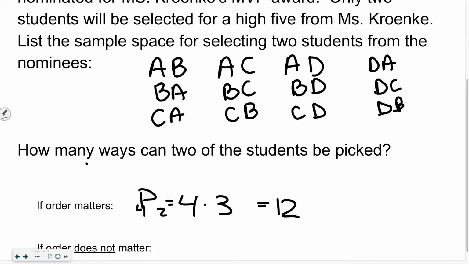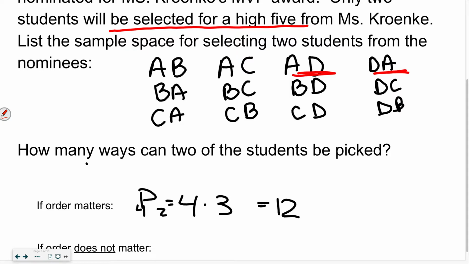And the reason I wanted to list them all out is, if you think about this scenario, the 2 people that I pick get a high five from me. So we've got Ashlyn and Dylan in class. If I pick Ashlyn and Dylan, or I pick Dylan and Ashlyn, either way, they get the high fives, right?